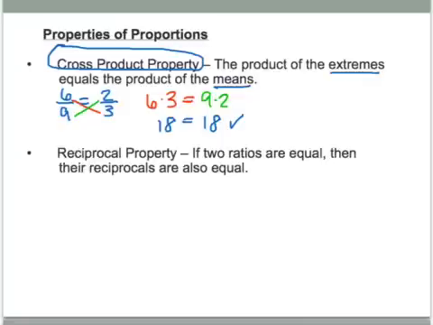Okay, the next property is the reciprocal property. It says if two ratios are equal, then their reciprocals are also equal. So using 6 to 9 equals 2 to 3, let's look at the first ratio, 6 over 9. Its reciprocal is 9 over 6.